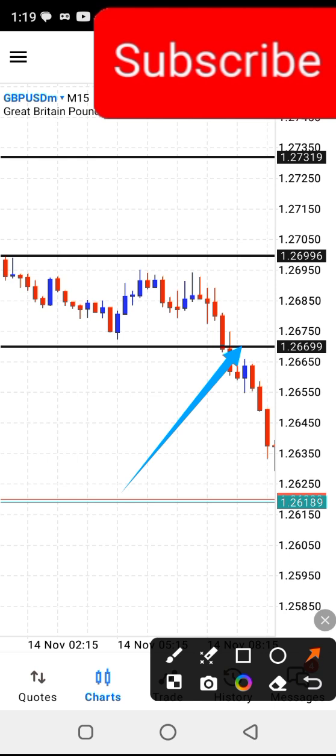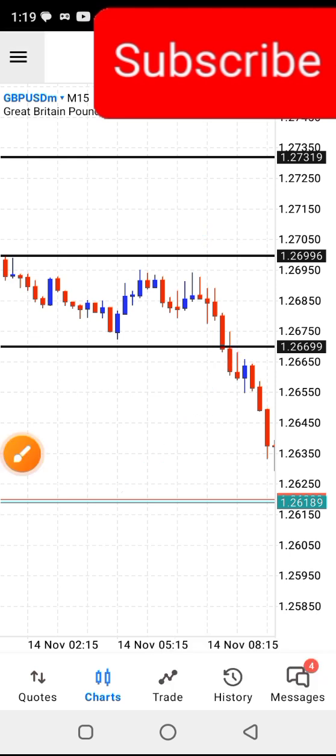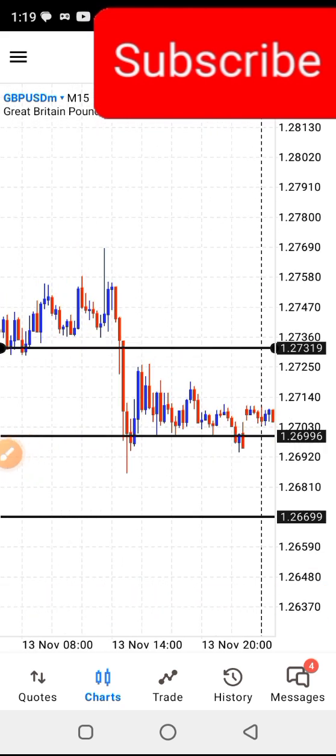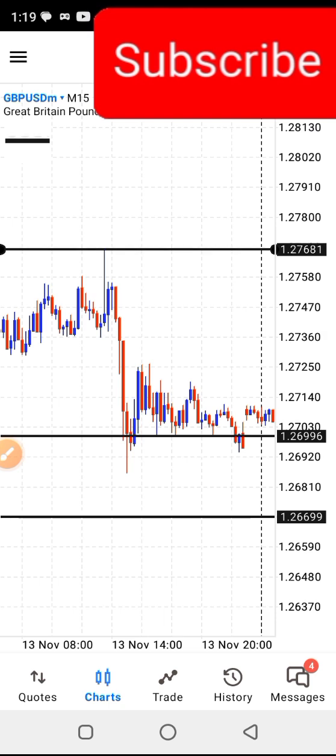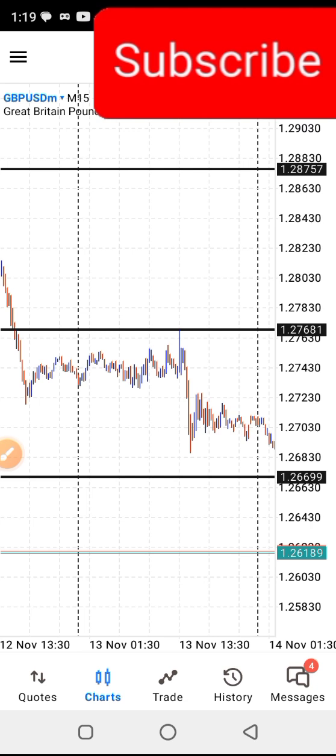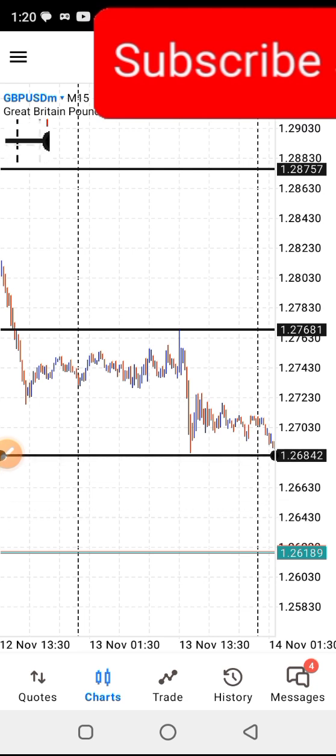But in order to trade on Thursday, we need to mark out the high and the low of Wednesday. So let's go back and mark out the high and the low of Wednesday. So this is the highest point price got to on Wednesday, and here's the lowest point price got to on Wednesday, right here.